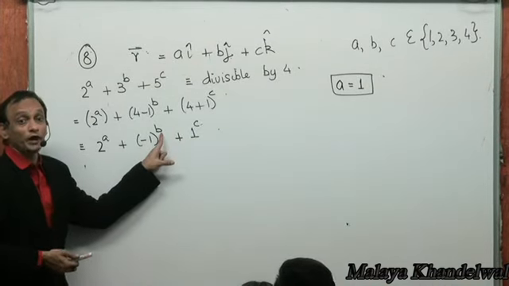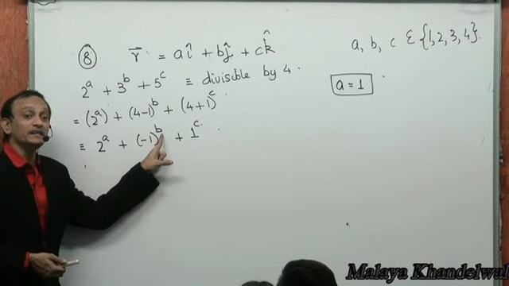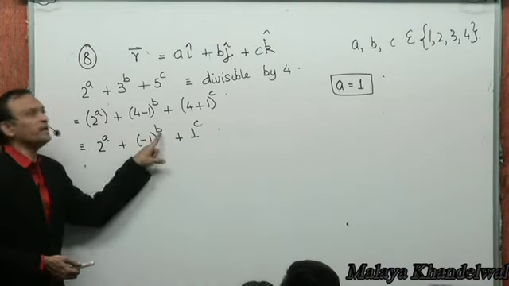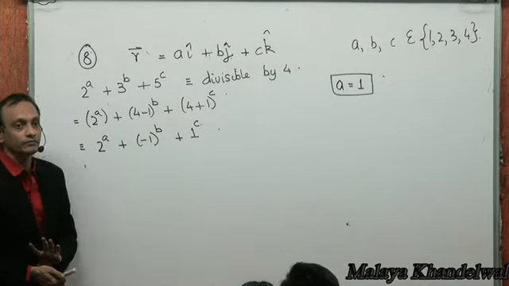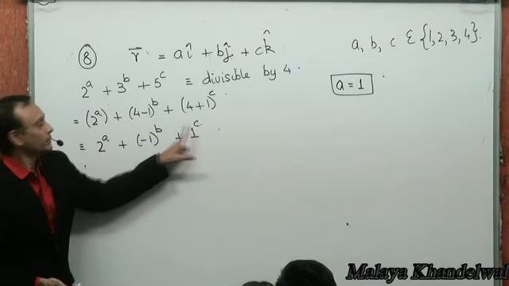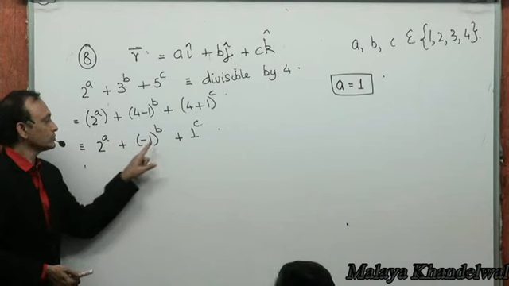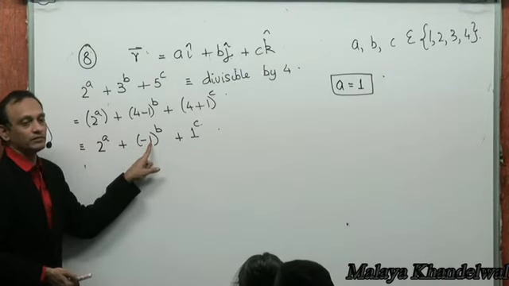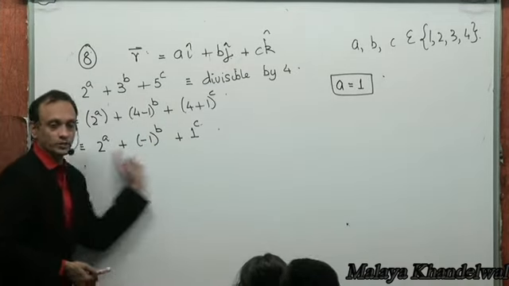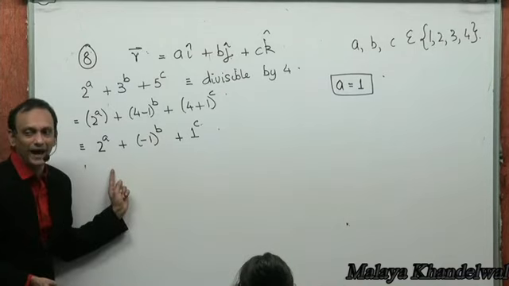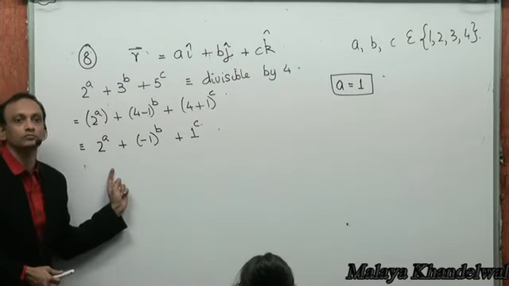So B cannot be odd. B has to be even. If A is 1, then B has to be even. And C can be anything. Because, right? Because if A is 1, this will become 2. And if B is even, this will become 1 plus 1. So this will become 4 and it will be deemed divisible by 4. Yes or no?